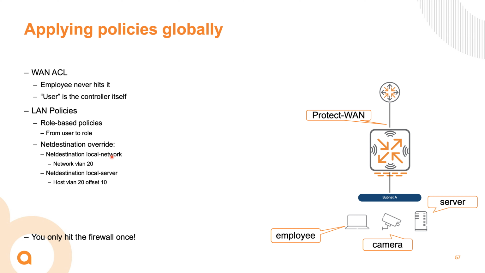Now, we can make such simple ACLs, but also with the net destinations, we can determine overrides to say that, for example, a management network is always VLAN 20. And a particular server on the branch location is always located on VLAN 20 with an offset to .10, for example.